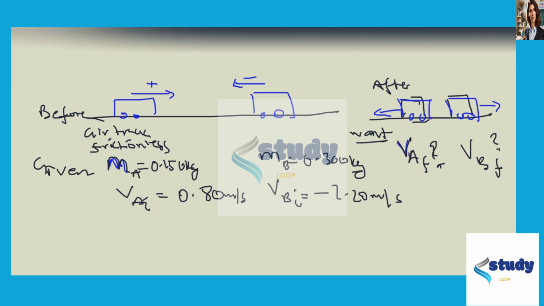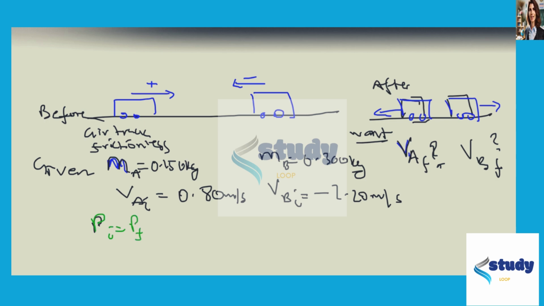The first thing we want to do is use the law of conservation of momentum that says the initial momentum of the system equals the final momentum of the system.